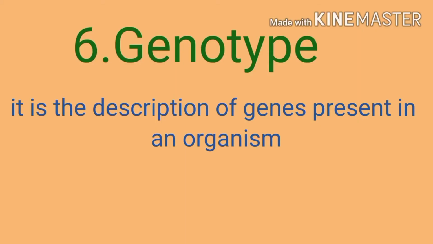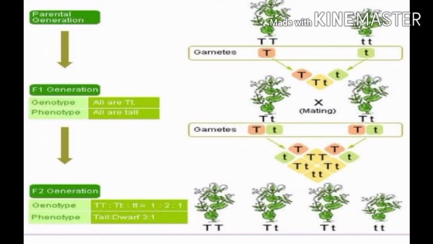Let us now define the next term, genotype. It is the description of the genes present in an organism. Let us take the example of the pea plant. Here you will notice in the F1 generation that the genotype of the plants is of type capital T small t.